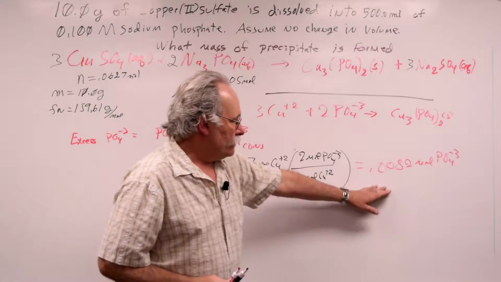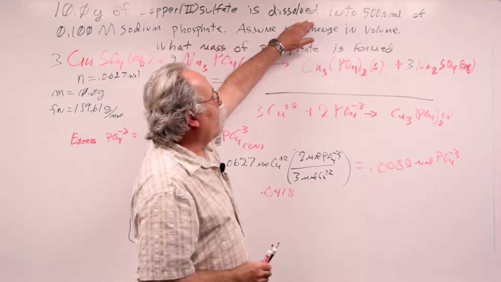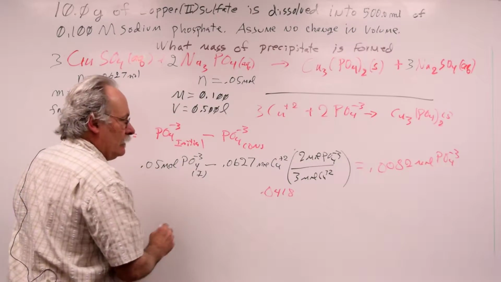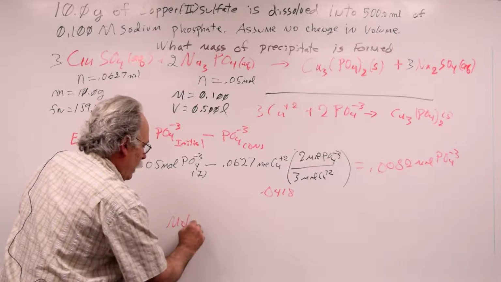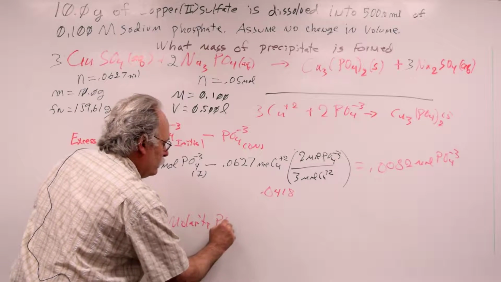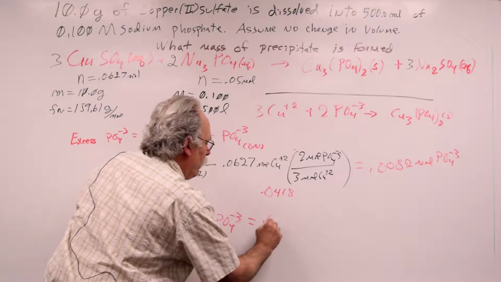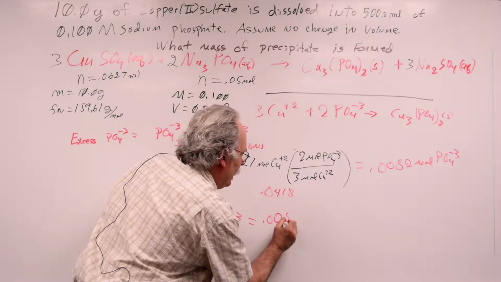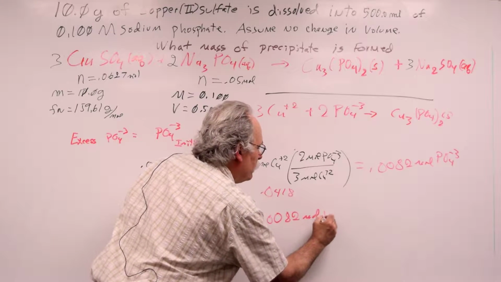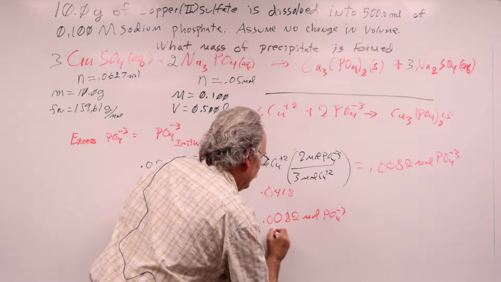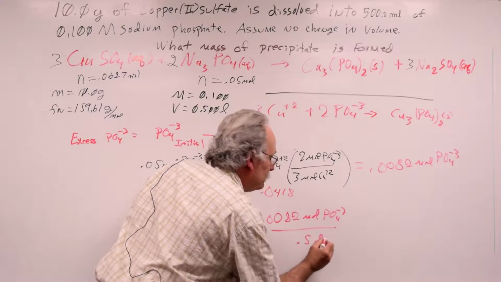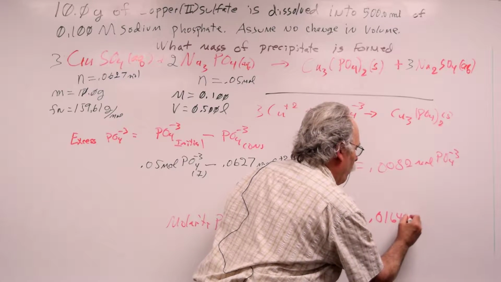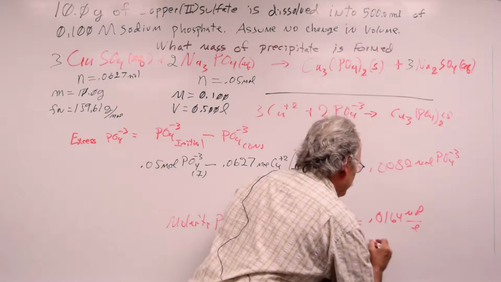Now, the concentration is these moles in the volume. Since my solution had 0.5 liters, the molarity of the PO4-3 is 0.0082 moles PO4-3 over 0.5 liters, which is equal to 0.0164 moles per liter.